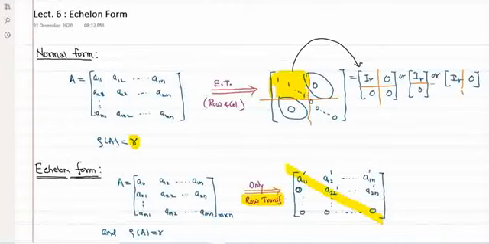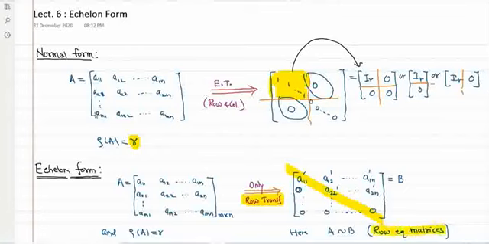Suppose the new matrix I will call B. Matrix A is equivalent to B because you obtain B from A by applying elementary transformation, which is only row transformation. That's why we use the term row equivalent matrices. A and B are called row equivalent because you are applying only row transformation.